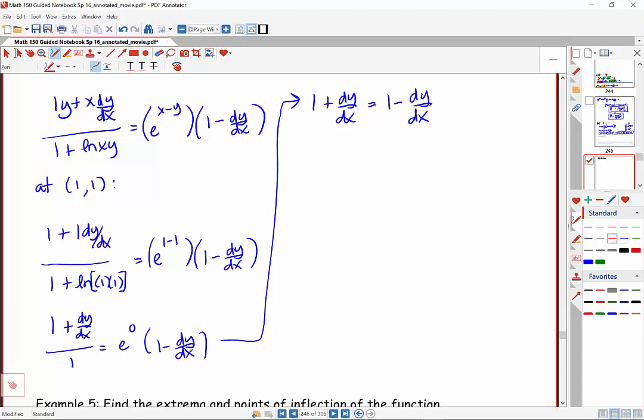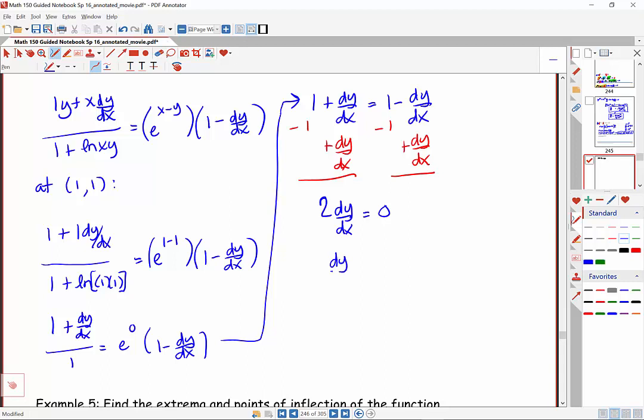So we'll be adding a dy dx to both sides and subtracting 1. So we'll get on the left 2 of those dy dx's is equal to 0. Well, that's a bummer after all that work, huh?